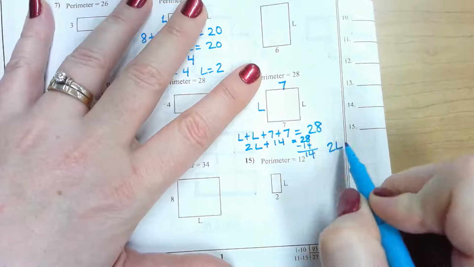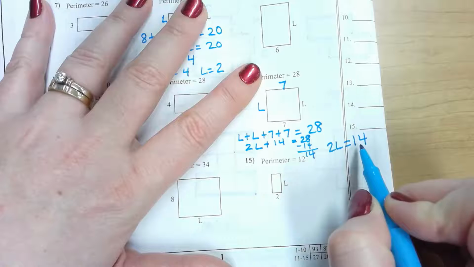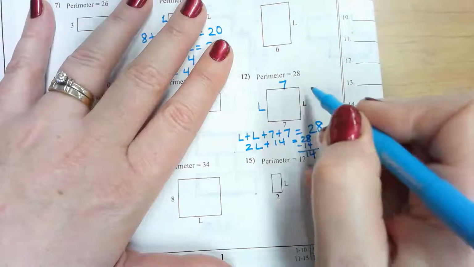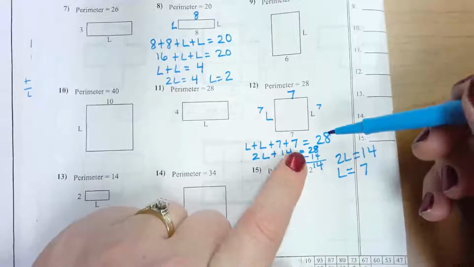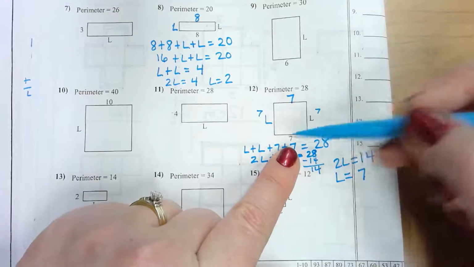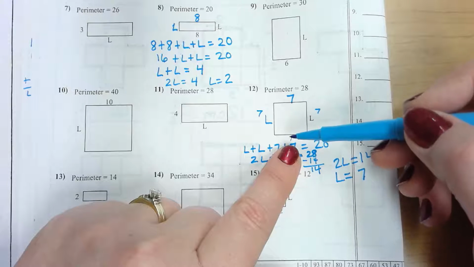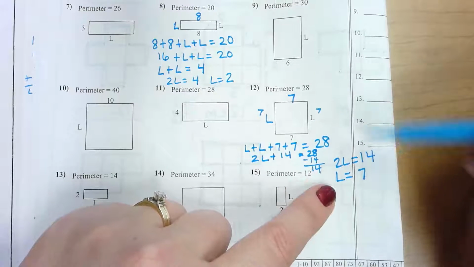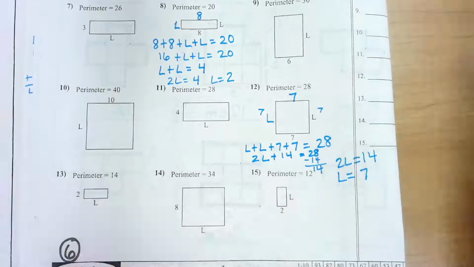So 2L is equal to 14, which means half of 14, or just one of those L's, is 7. So if we take a look and we have 7 in here, notice this was a perfect square, okay? And if you're given one side of that, we needed to do the work to find that. But remember, 7 times 4, if they're all equal, is 28.